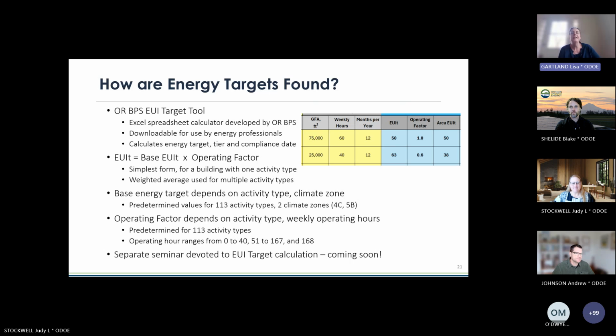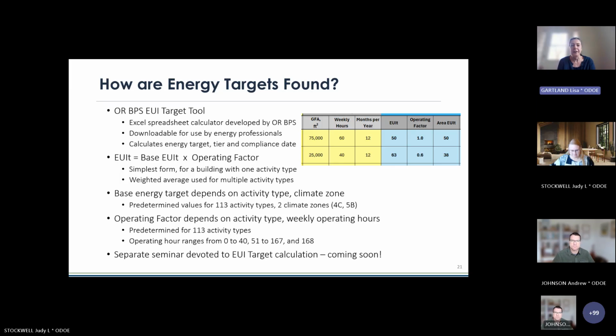So how do we find these energy targets? This target tool is just an Excel spreadsheet calculator. It's downloadable. It's intended for use by energy professionals, and we'll talk about what those are in a few minutes. It's not really for use by just the general public or even a building owner unless they've got some background in this area.